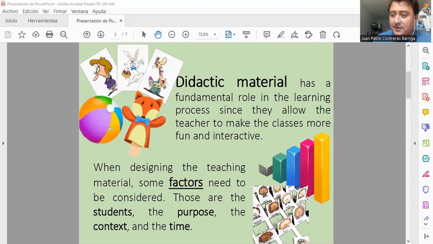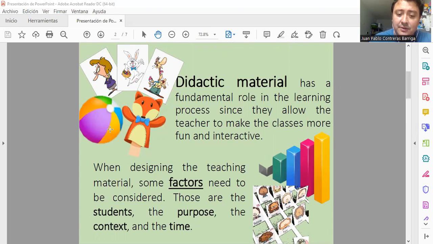Like we were discussing at the beginning, when we are designing the material, when we are choosing what kind of resources we're going to employ in our class, we need to take into consideration the level of our students, their ages, the learning objective, the purpose, the context, and their likes and dislikes. If it's possible, also the technology that we're going to use in the classroom, whether they are suitable or if they need a second hand in those cases.